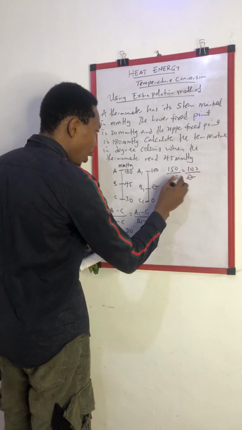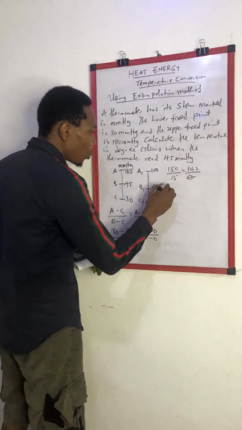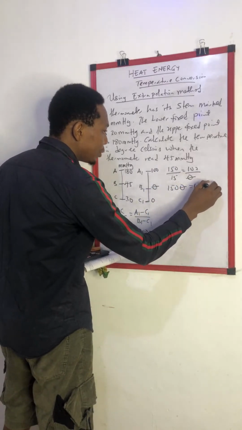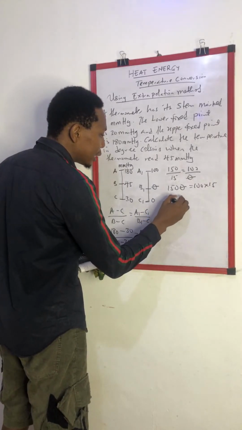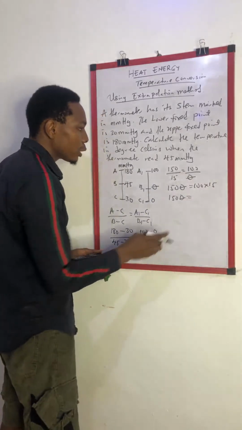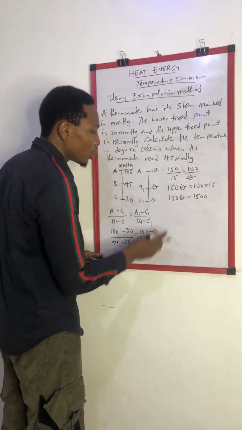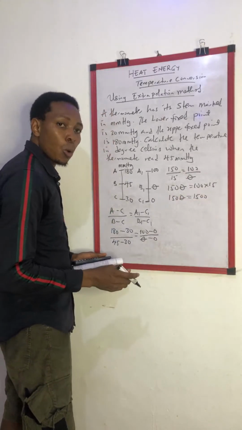All over what? Theta. What do we do? Cross multiply. So we have 150 theta equals to 100 times 15. 100 times 15 is what? 1,500. So to get our theta, we'll divide both sides by 150.